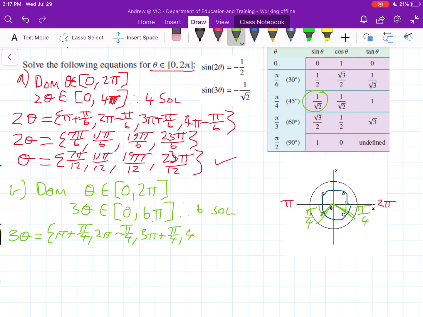We'll have 4 pi minus pi on 4. Hopefully I don't run out of room here. We'll have 5 pi plus pi on 4. Finally, we'll have 6 pi minus pi on 4. Okay. So now we just need to simplify all these down.